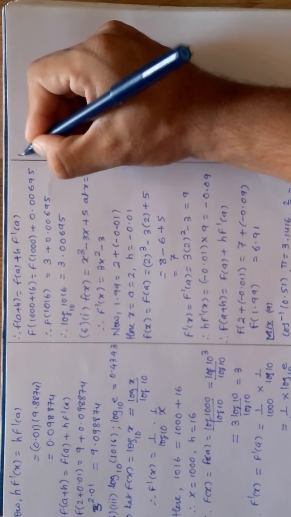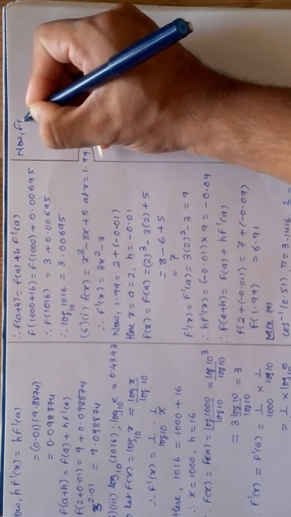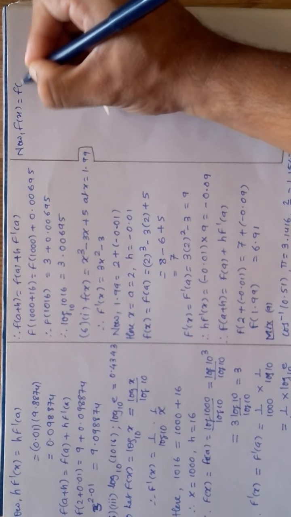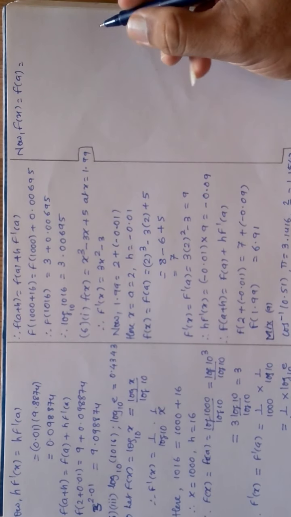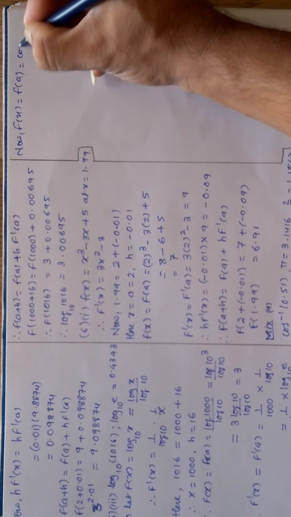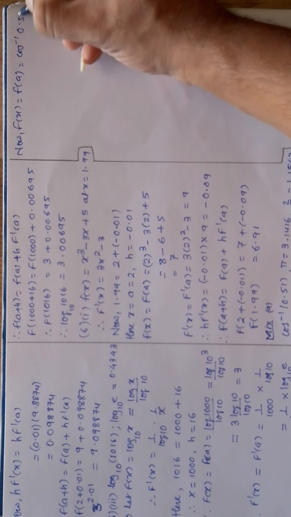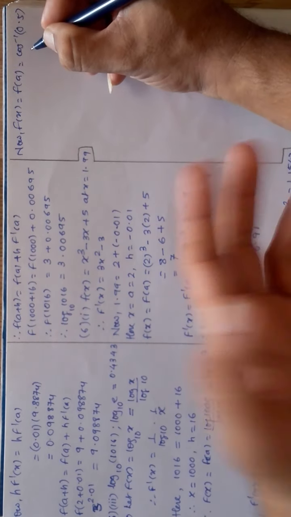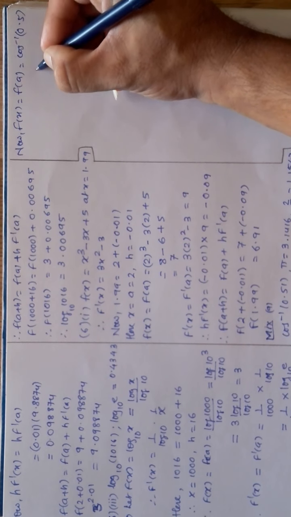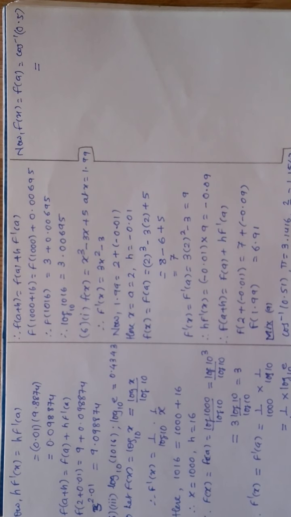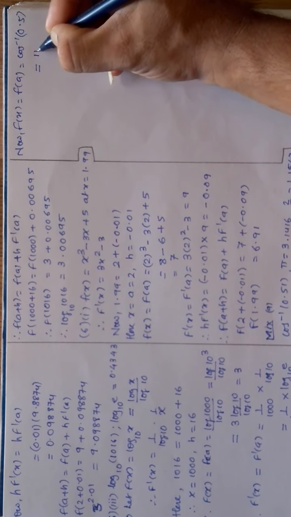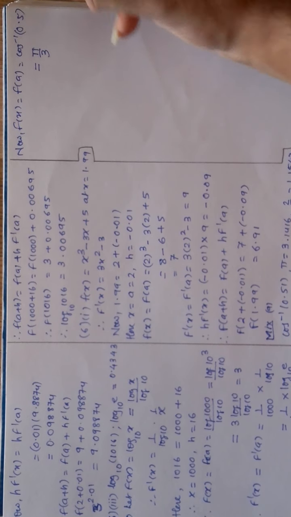Now f(x) is equal to f(a), which is nothing but cos inverse 0.5. 0.5 means half. So cos inverse half is at 60 degree. 60 means pi by 3, right? So it is pi by 3.